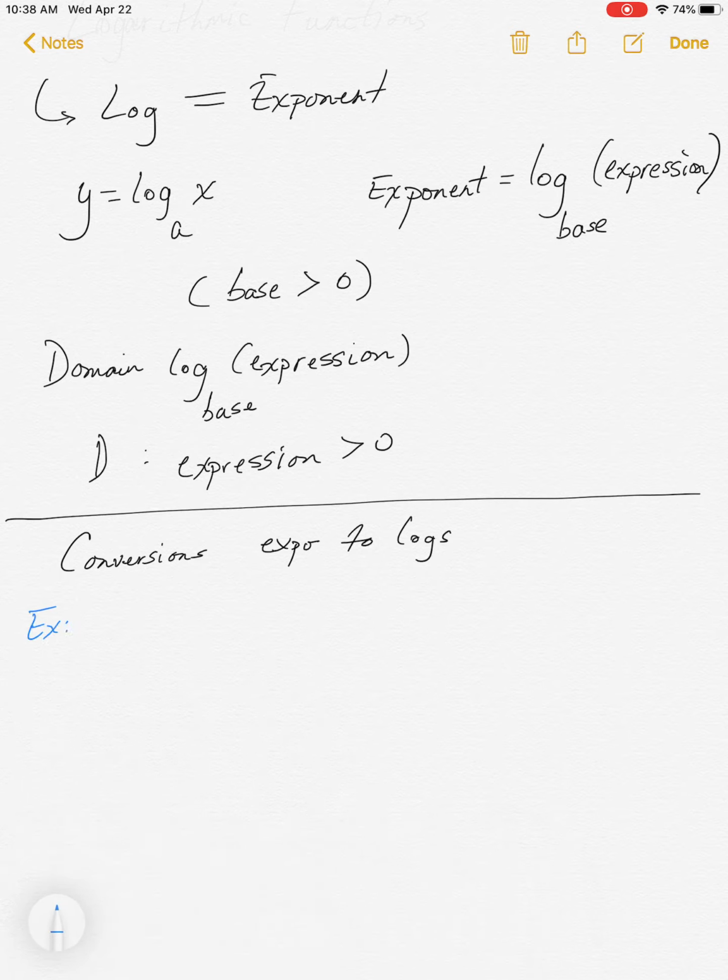Let's say we have 1.2 to the 5th equal m. First thing first, identify the exponent. We see that the exponent is 5.